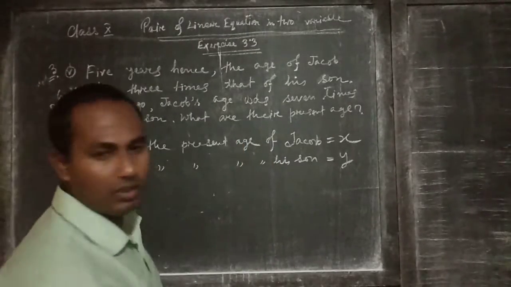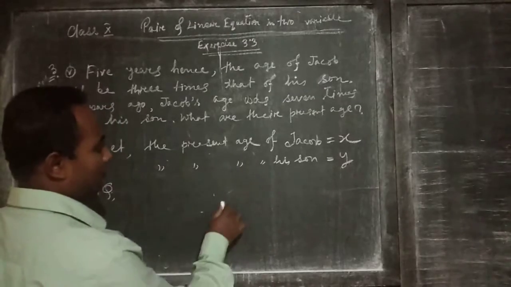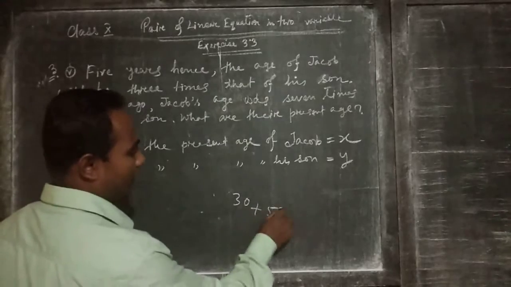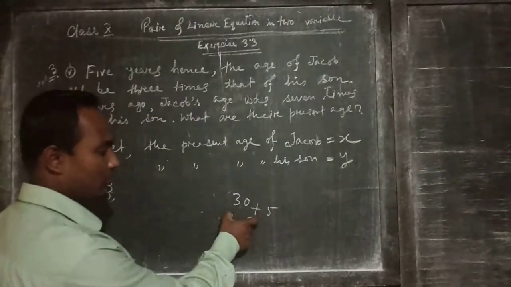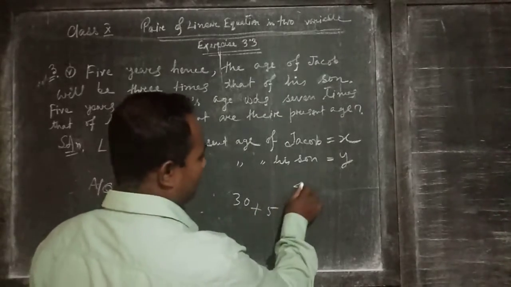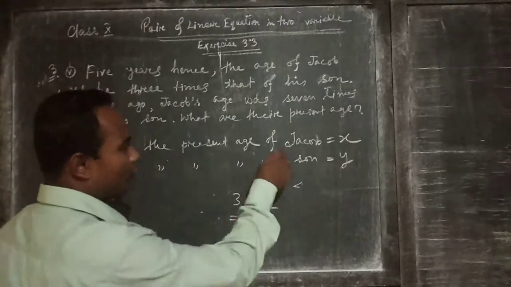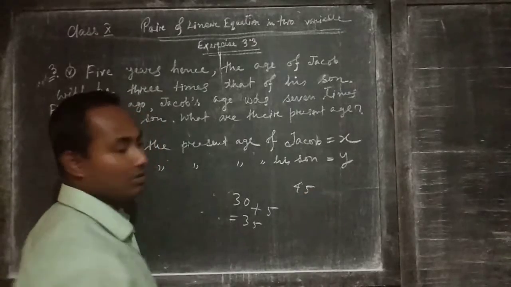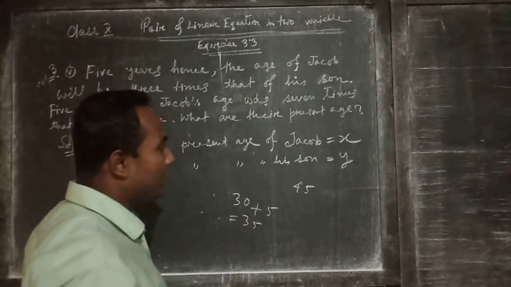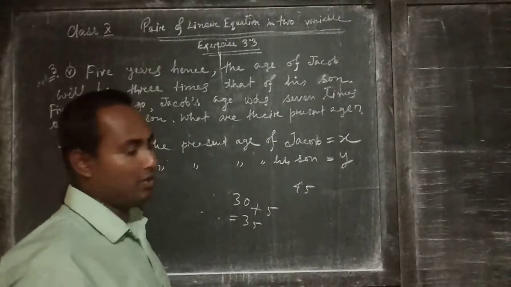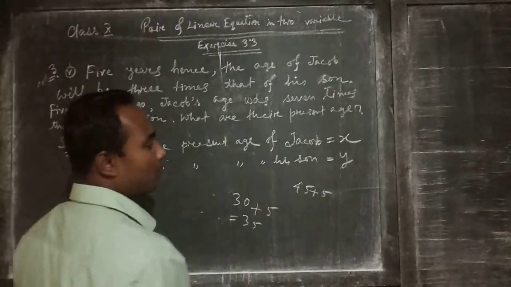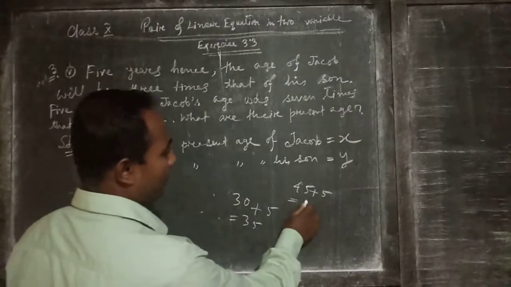Suppose the present age of Jacob is 30 years, then after 5 years we add 5 to the present age and get 35. If the present age of Jacob is 45, then after 5 years we add 5 and get 50 years.